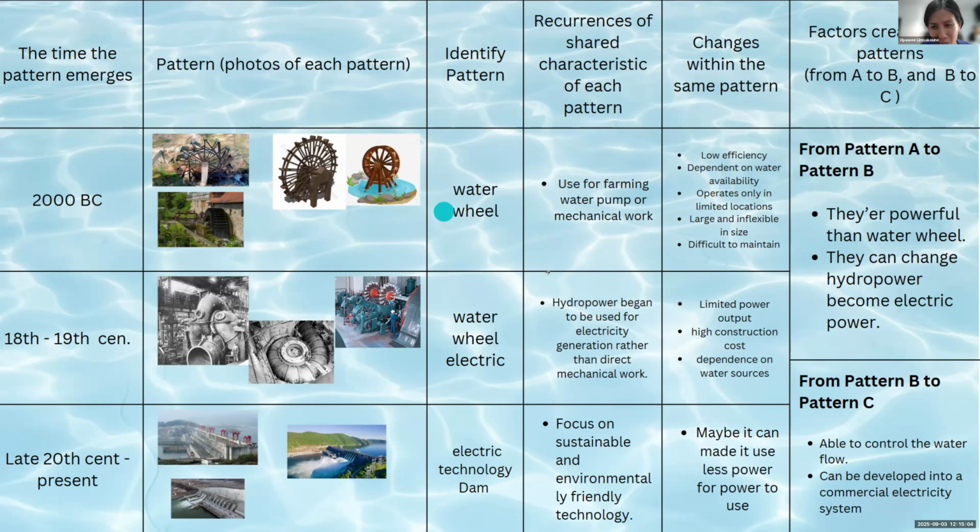Regarding the factor creating a new pattern, they can change. So you want to tell that humans were able to make tools to use water energy and connect it with a motor, to make electricity from the water's flow energy. Okay, I understand this part here.